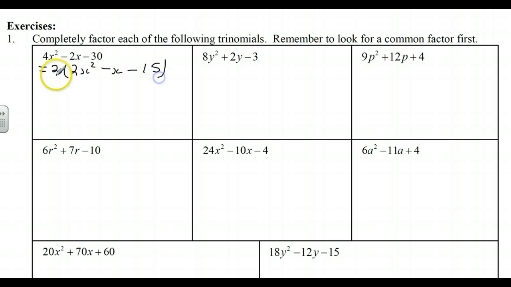Now I need two numbers that multiply to 15. I'm thinking 3 and 5, right? So I think 2 times 3 is 6, and 1 times 5 is 5. I need minus 6 and plus 5. 2x squared minus 6x plus 5x is minus 1x minus 15. Done.